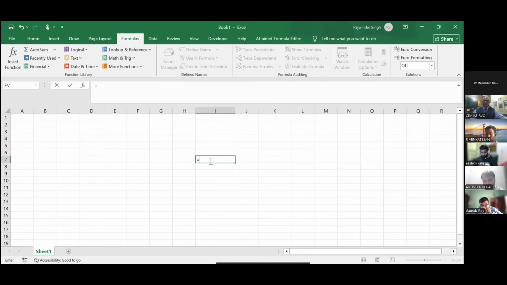Remember, for IC, the shortcut key is PMT. Rate of interest is 8%. Number of years is 10. Present value is not given to you. Future value is 7,000. It is 483.